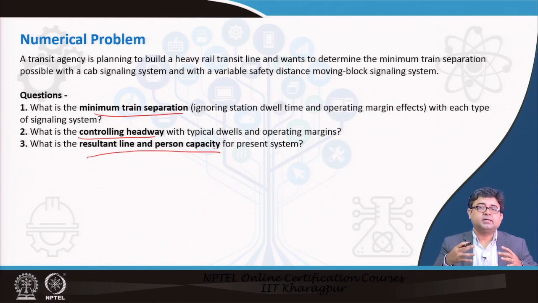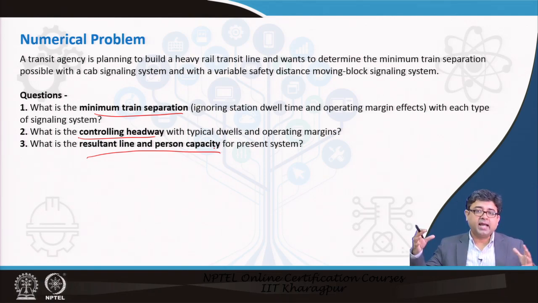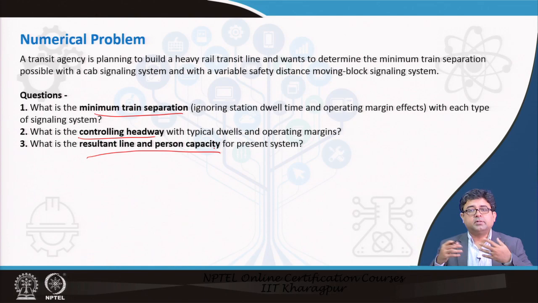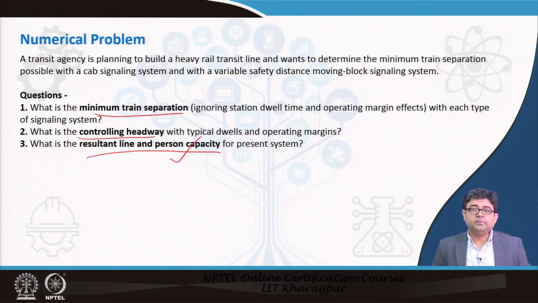Line capacity means how many train coaches you have and how many trains run every hour on one line. That gives you the entire line capacity, whereas person capacity is how many people are actually riding on the line, whether fewer or more than line capacity or coach capacity. All that gives you the capacity of your transit rail line.